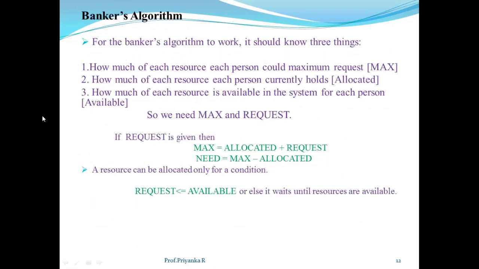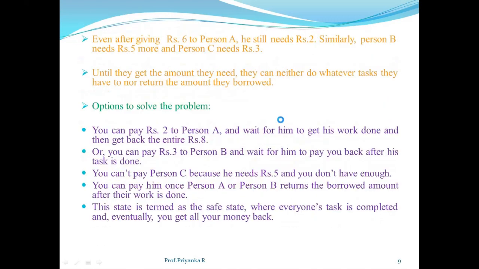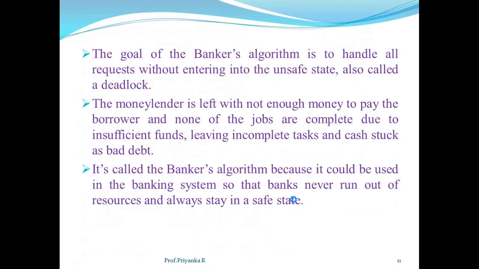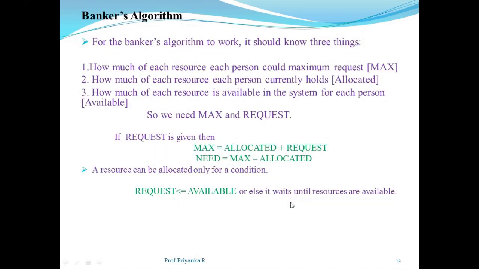The second point is how much of each resource each person currently holds. This is termed as allocated. In our example, at time T0, person A is allotted 6 rupees, person B is lent 8 rupees, and person C is lent 7 rupees. These variables relate to the term allocated.